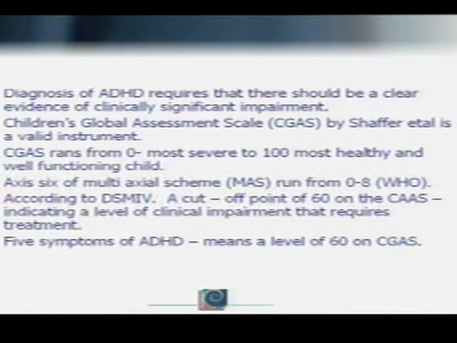According to DSM-4, a cutoff point of 60 on the CGAS indicates a level of clinical impairment that requires treatment. And if you translate that, it means that the child has at least 5 symptoms.